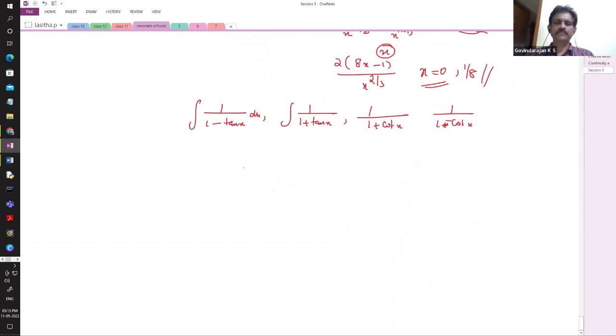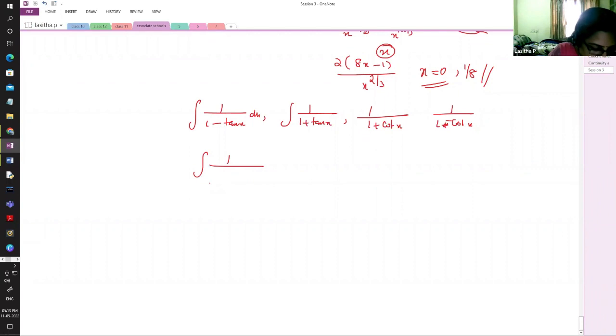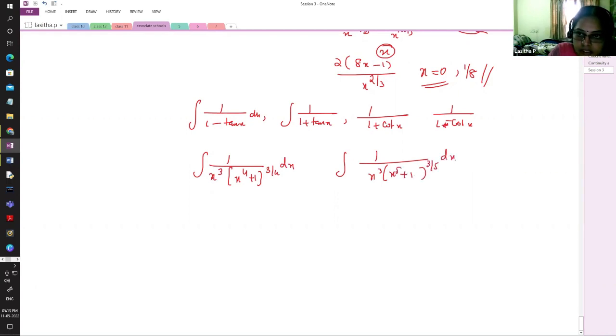Similarly, many questions are there in the textbook, like in the miscellaneous exercise we have 1 by x cube into x to the power 4 plus 1, whole power 3 by 4 dx, and similarly another one, x cube into x to the power 5 plus 1. These are the kinds of questions which can follow similar methods, right? Then x power 4 minus x, the whole power 1 by 4, divided by x to the power 5.